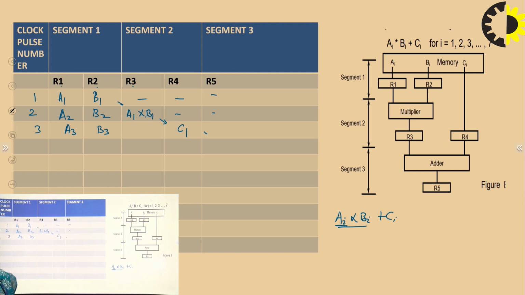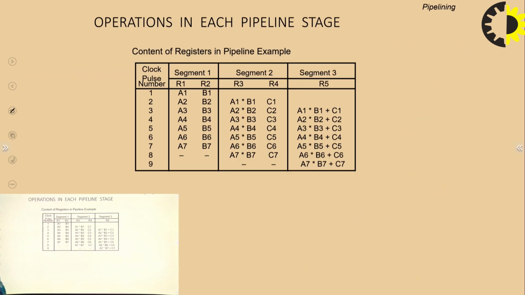The same procedure will be followed one by one until we reach A7. Now you can see A1 into B1, A2 into B2, because the previous registers were free, A1 into B1 and C1 in the second stage. In the third stage, A3 into B3 will be there. This value will be stored here, A2 into B2, and next is C2.